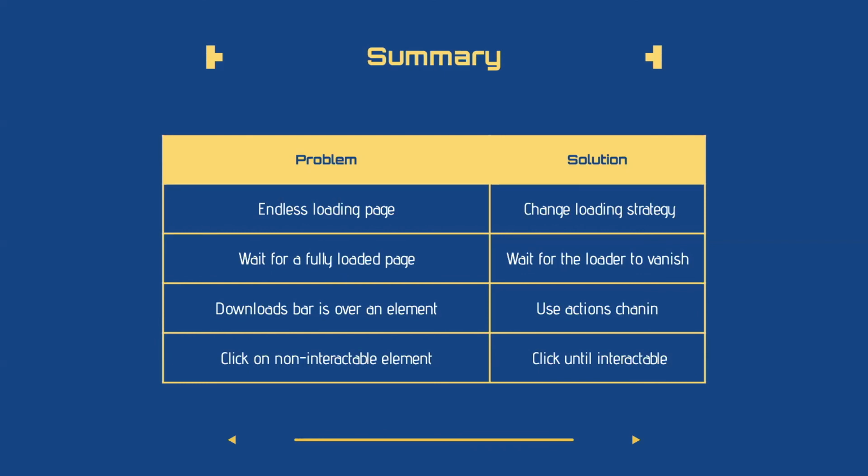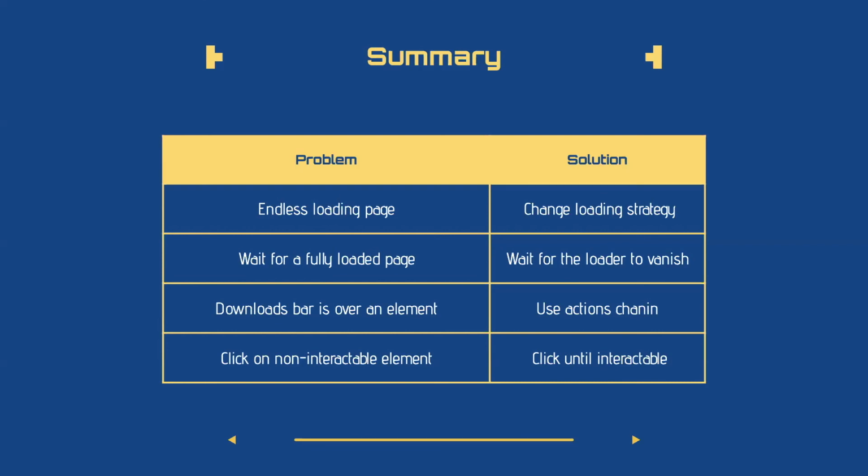The second problem that we saw is to wait for a fully loaded page, where some asynchronous elements are still loading. We just waited for the loader to vanish. Another problem that we saw is the download bar was over an element.